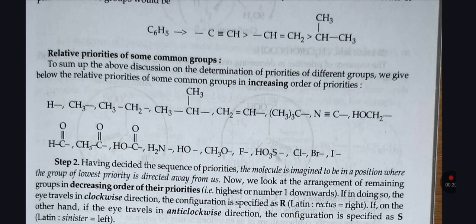Step 2. Having decided the sequence of priority, the molecule is imagined to be in the position where the group of lowest priority is directed away from us. Now we look at the arrangement of remaining groups in decreasing order of their priority, highest or number 1 downwards.